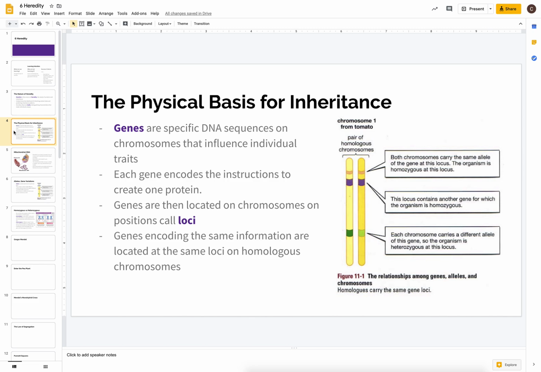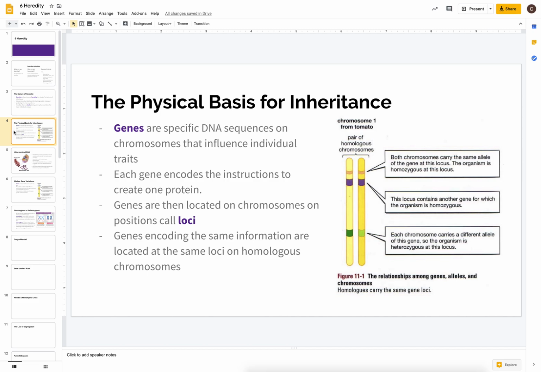Now, that protein might be a structural protein that directly influences the particular trait, or it might be a hormone that influences the development of particular cells, or it could be a protein that builds another chemical that's needed for a particular trait. So the gene doesn't always directly influence that one trait is going to appear this way, but it does directly influence the creation of the protein, which is what's going to determine that trait eventually.